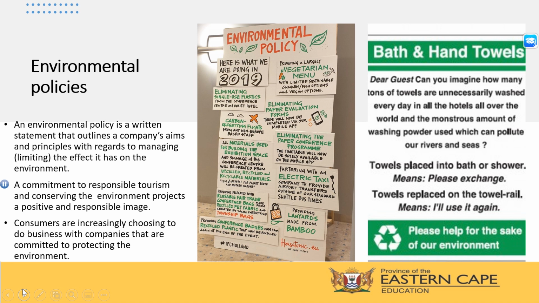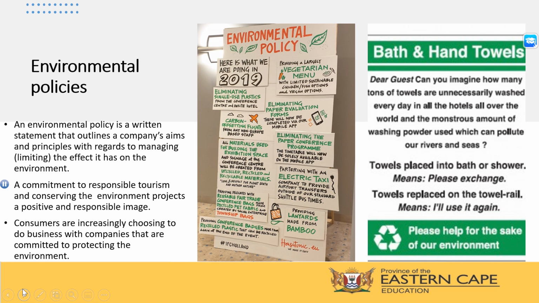Now, as the entire world becomes more environmentally conscious, more and more consumers are preferring to do business with companies that are environmentally friendly. And a company that is environmentally friendly is definitely going to have an environmental policy in place. And they are going to stipulate exactly how they are going to limit the effect that the company has on the environment.